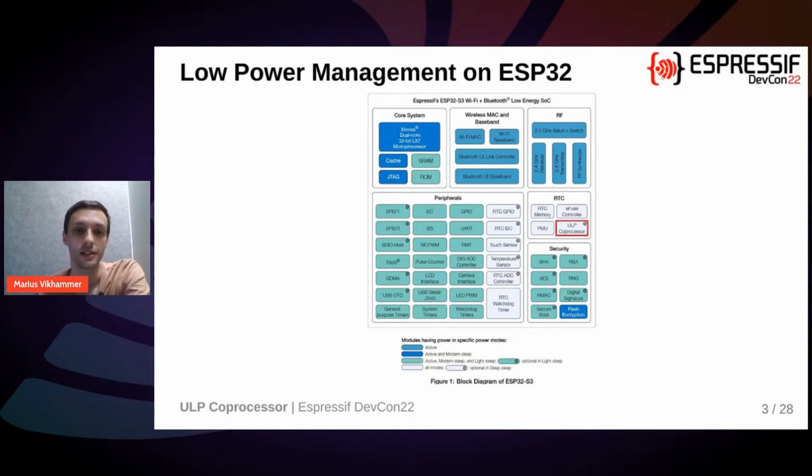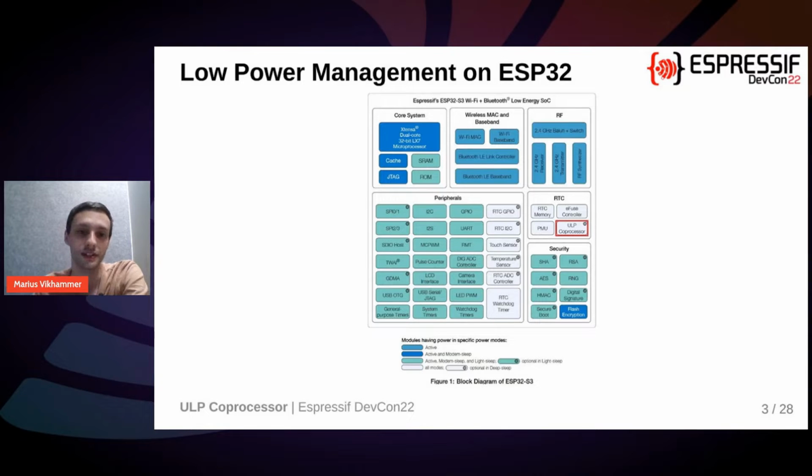Okay, low power management on the ESP32 chips. What does it mean? Well, basically, the chip is divided into different power domains. And we can either clock gate, lower voltage, or turn off parts of it to save power. This allows us to reduce the power consumption while also running the chip with partial capabilities.